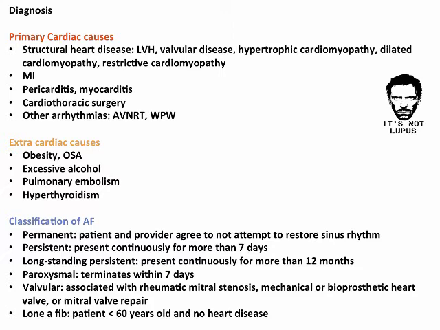AF can also be classified in terms of valvular or non-valvular disease. Valvular disease is AF that is associated with rheumatic mitral stenosis, a mechanical or bioprosthetic heart valve, or mitral valve repair. Finally, patients are classified as having lone AF if the patient is less than 60 years old and has no underlying heart disease.